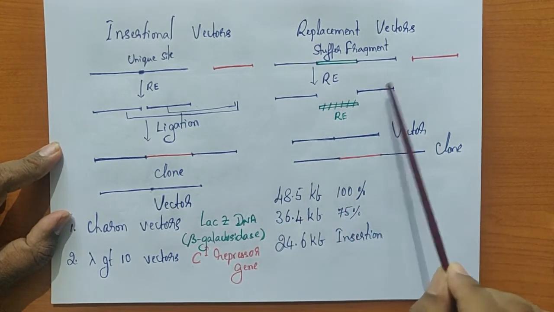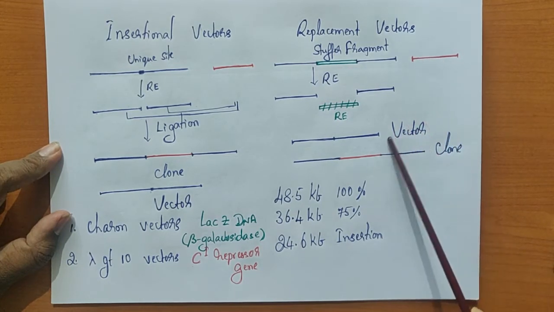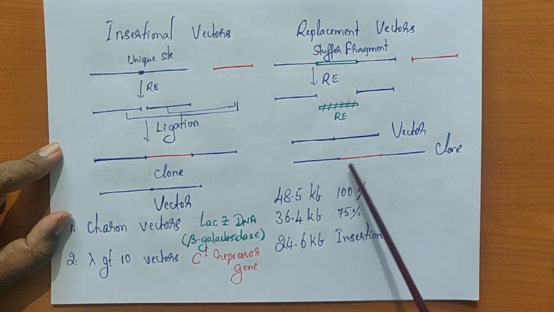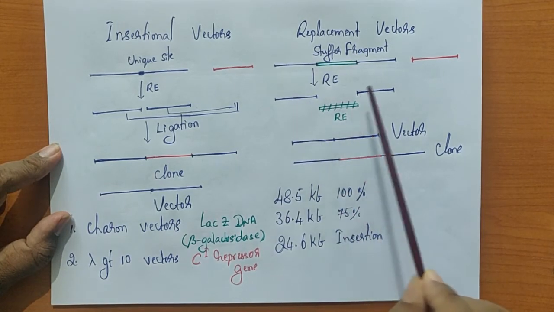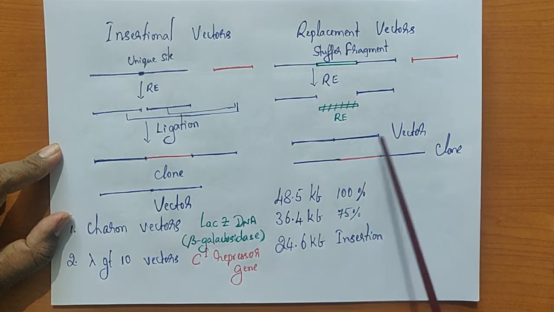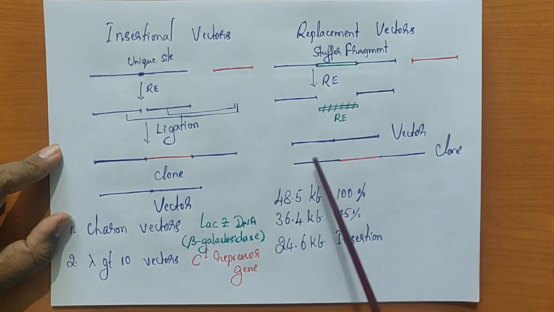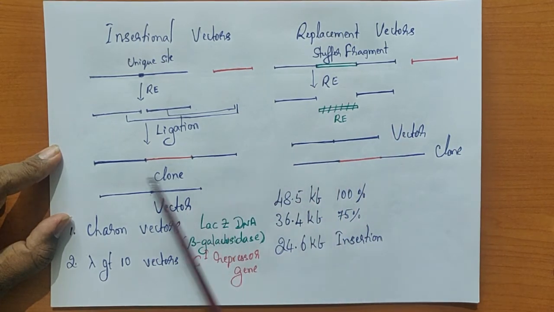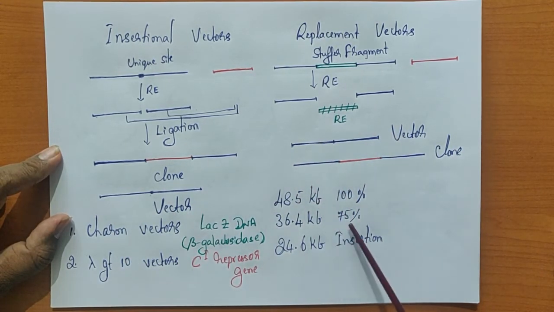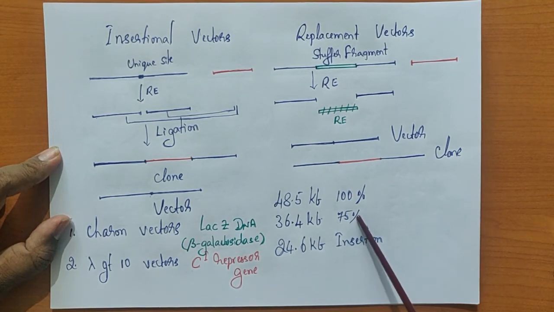Then these arms together with the DNA of our choice, we subject to ligation. Again, there is a possibility of this arm and this arm fusing together to get the vector back without the stuffer fragment, plus there is a possibility of a clone. Now, the vector alone is not going to be packaged because it is lesser than the minimum requirement, that is the 75%.